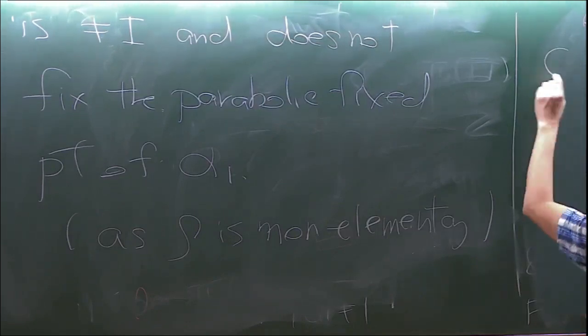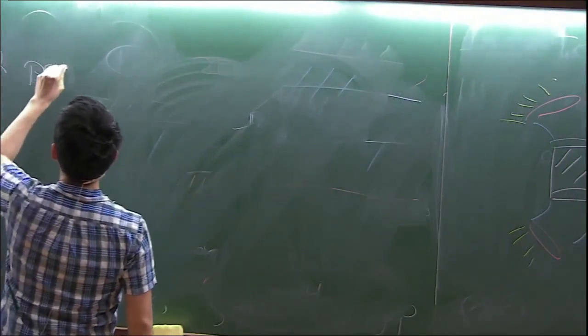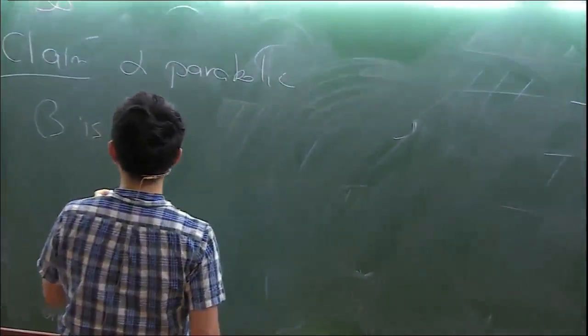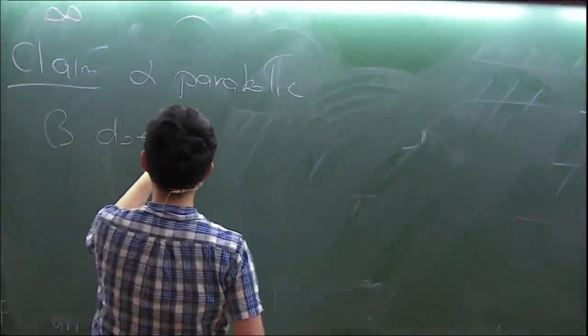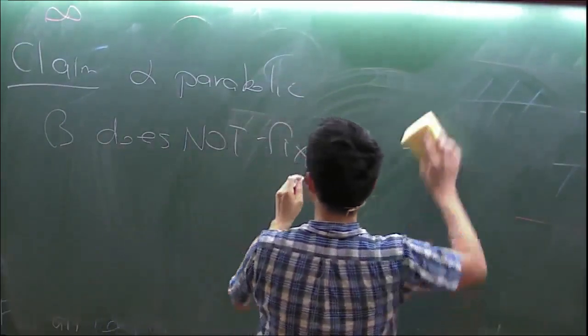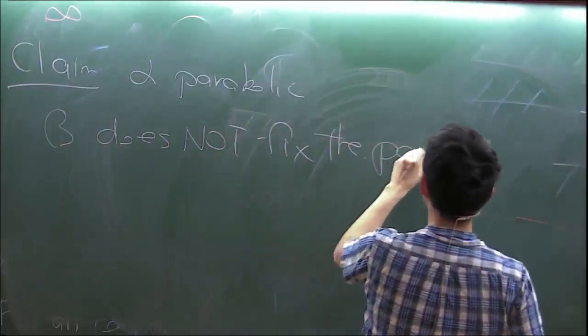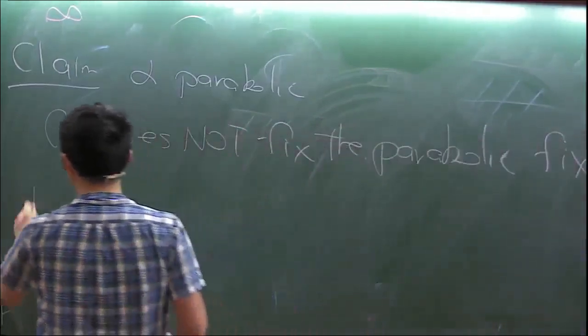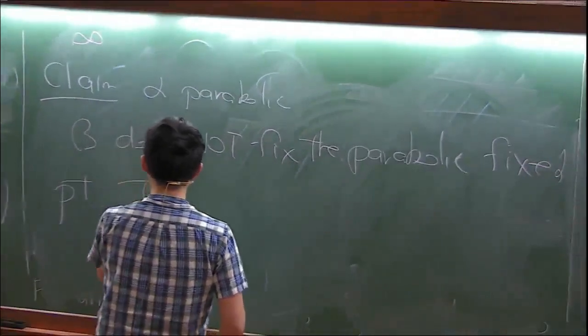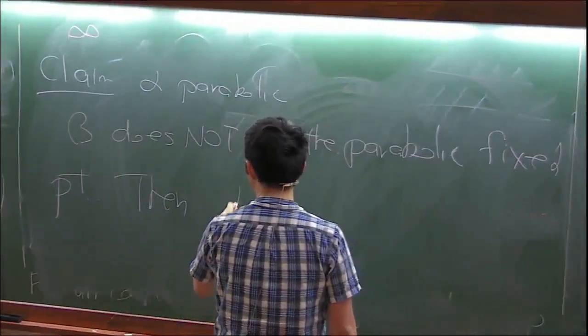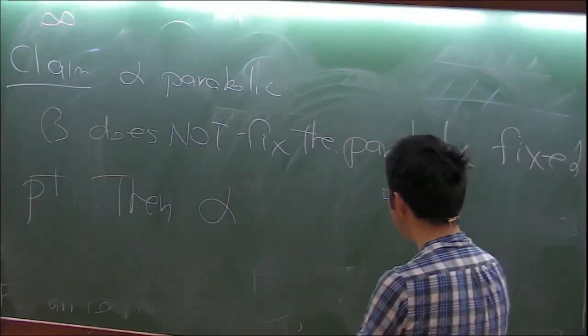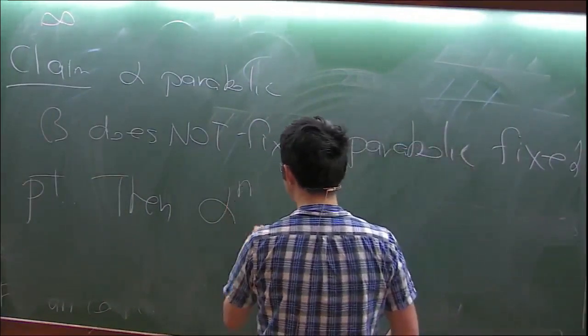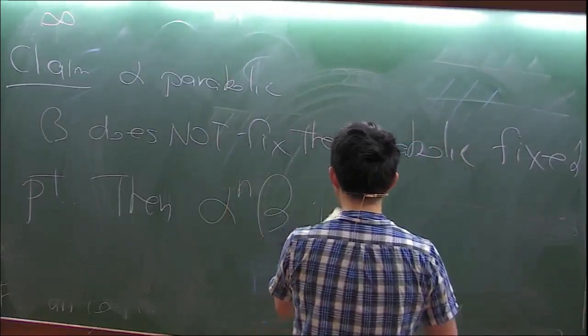And then the claim is that in general, alpha is parabolic, and then beta does not fix the parabolic fixed point. Then alpha to the n beta is hyperbolic.